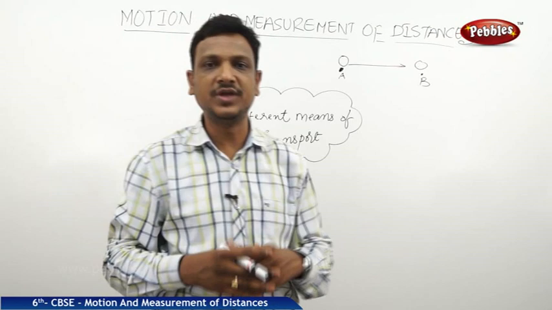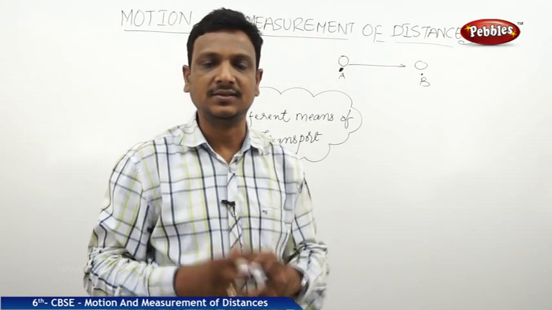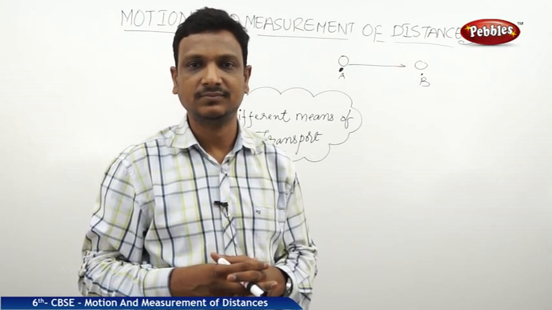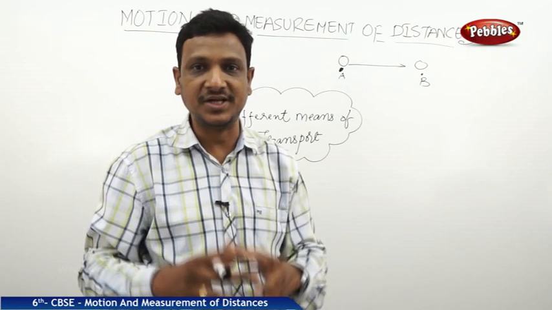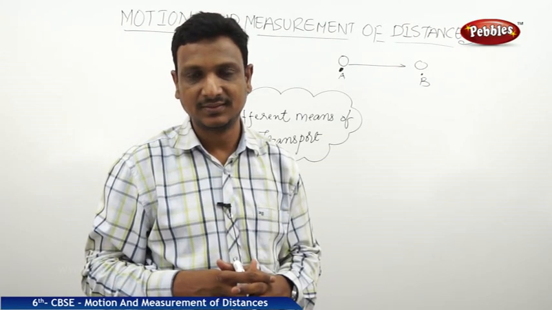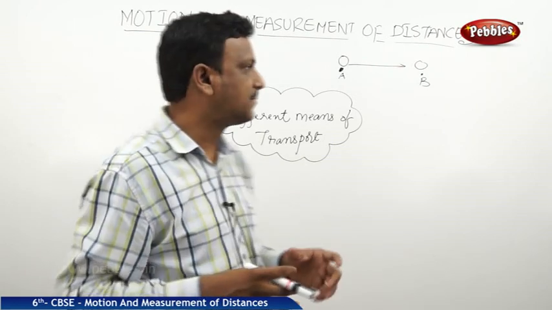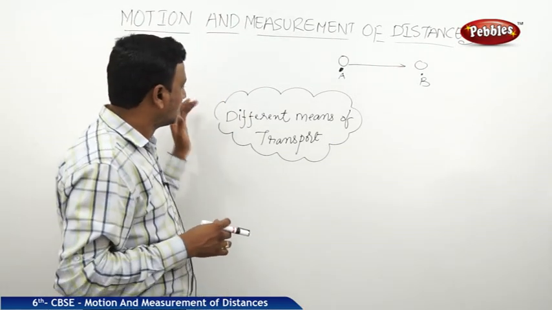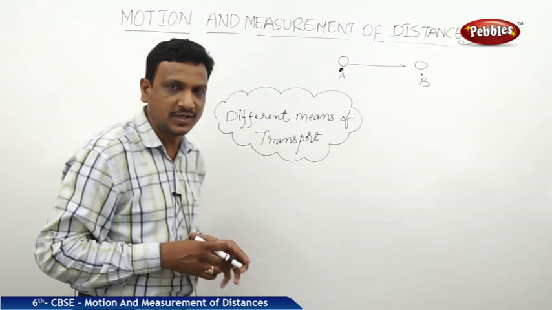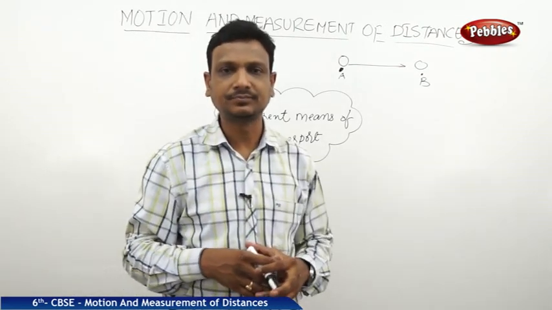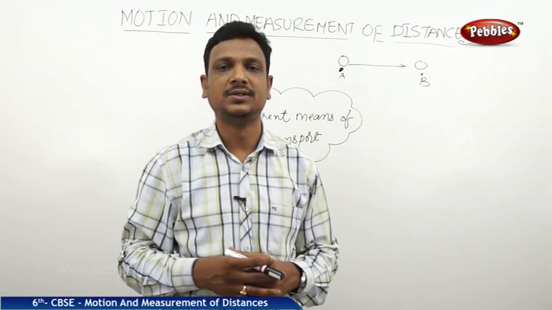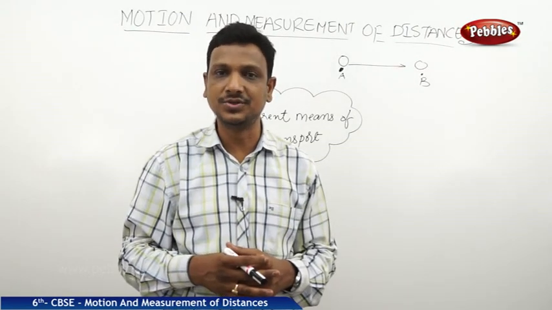In this lesson, we are going to understand the types of motion and how to measure the distances between two different points. So let us begin with the very well known thing, the transport that we see and use every day. You are using transport to come to your school.